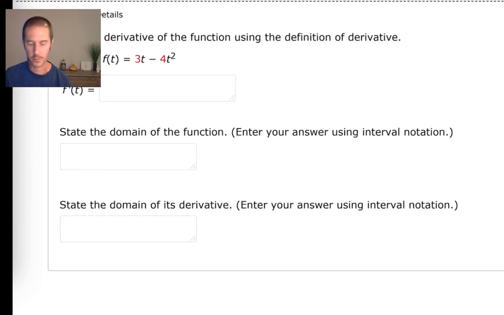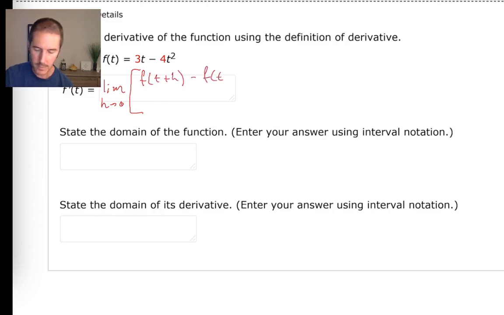3t minus 4t squared. Our first derivative, not at a particular value, we're just leaving that independent variable t in there, is equal to the limit as h approaches 0 of f of t plus h minus f of t.